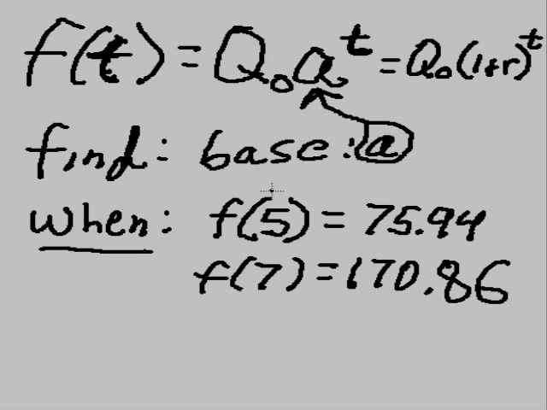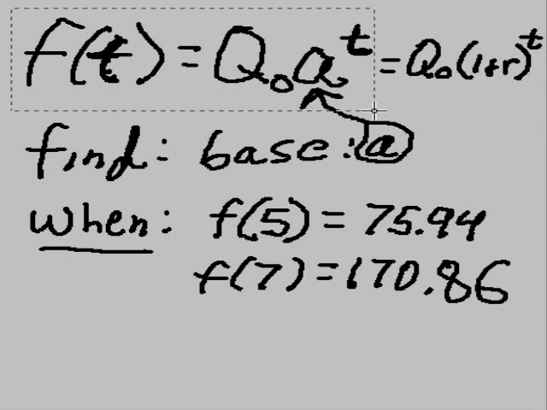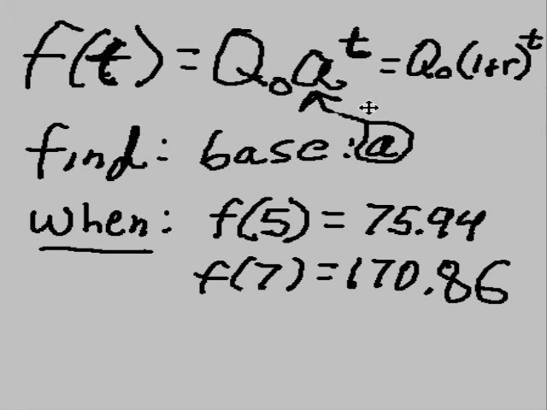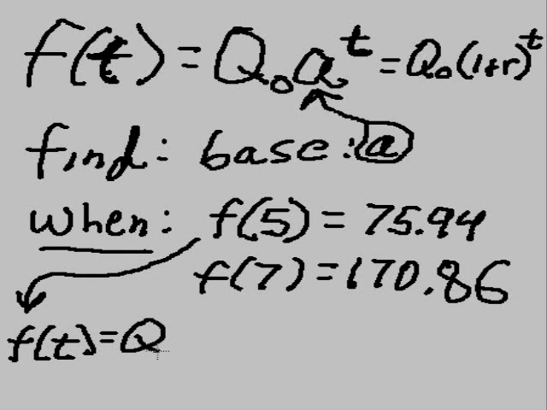Let's do some thinking. What do we got so far? Look over here at this part, way up here at the top. This is sort of important. They said f of t, and here we have an f of 5. f of t is equal to q sub 0 times a raised to the t power. All right?